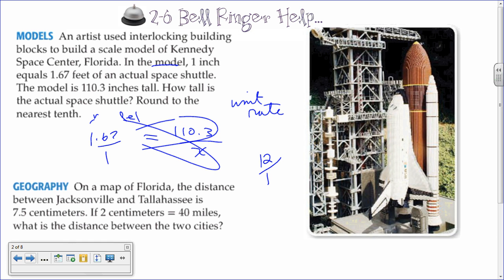The 1. Does that make sense? 3 feet in a yard, so 3 feet would go over the top, and what would go on the bottom? 1 yard. You'll see this a lot in your science class. You see it in chemistry too, when you start having to make unit conversions like that, okay?